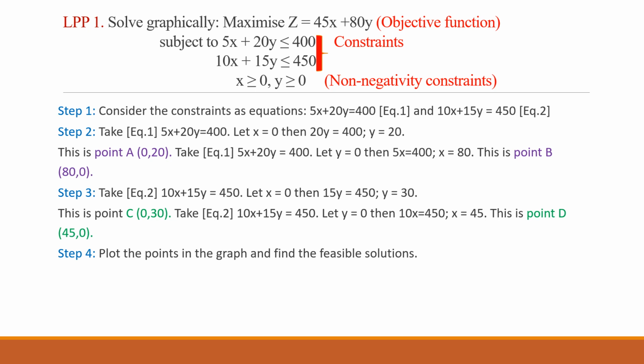In step 3, we repeat what we did for equation 1. In equation 2, we have 10x + 15y = 450. Substituting x = 0, the result is y = 450/15, which gives you 30.